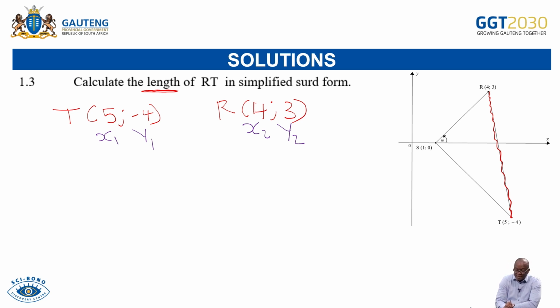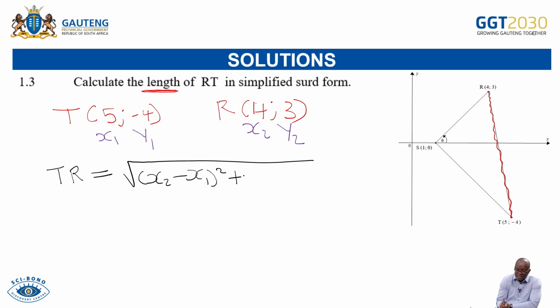So the length of TR is equal to the square root of (x2 minus x1) squared plus (y2 minus y1) squared. Remember, these formulas are there in your formula sheet or information sheet, so you need to know how to identify them.